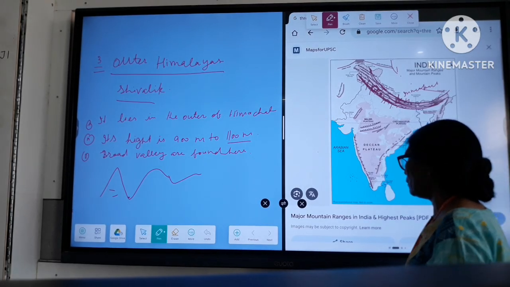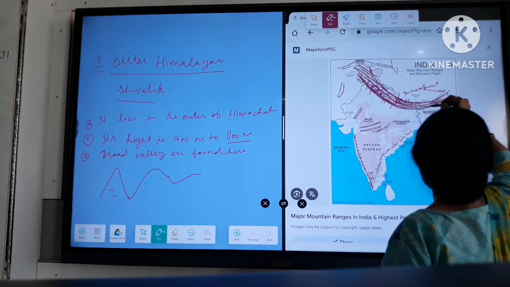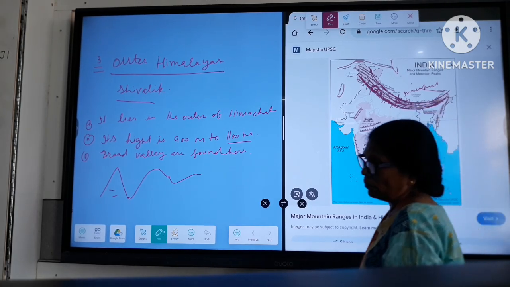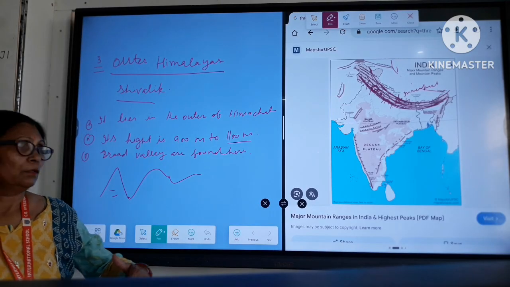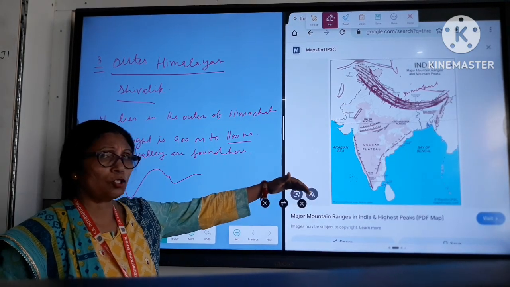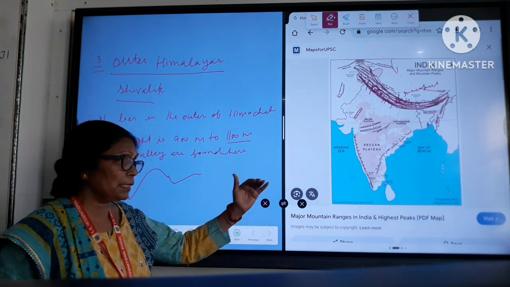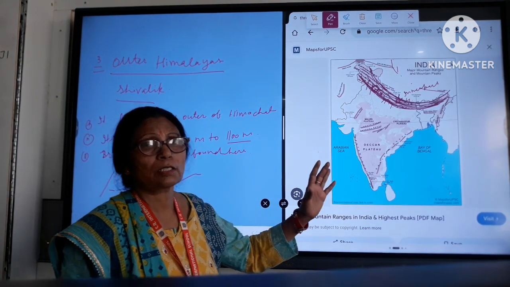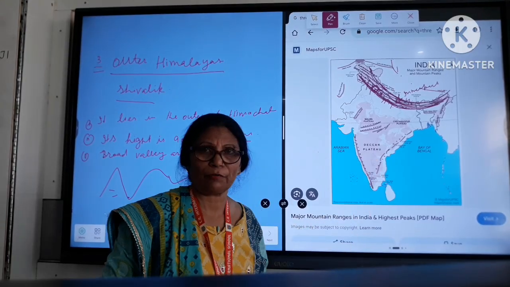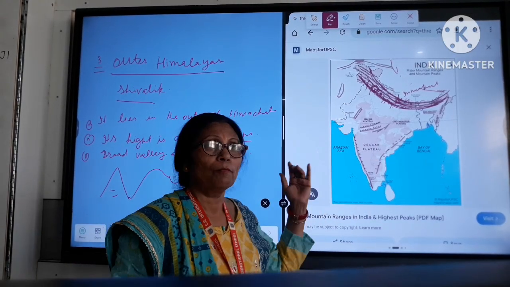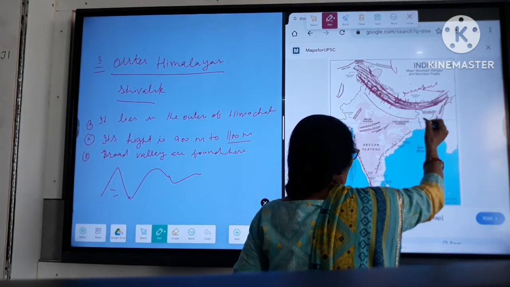This is a very populated region because there is no great height and not much snow. It is much better for India. People live here. Most of the population of India lives in this range near the northern plains.